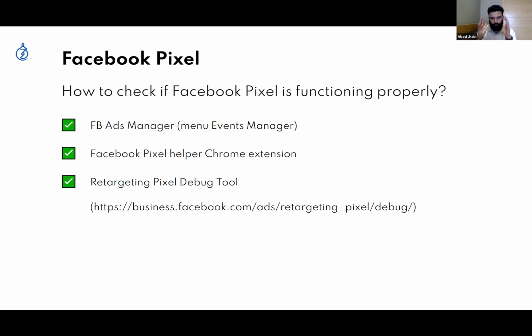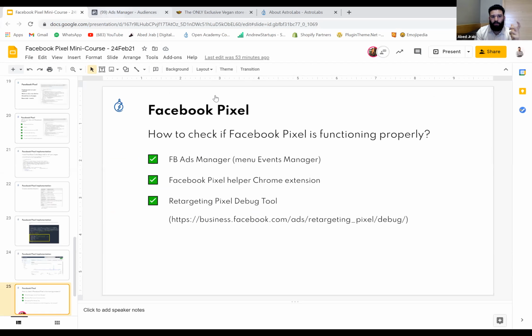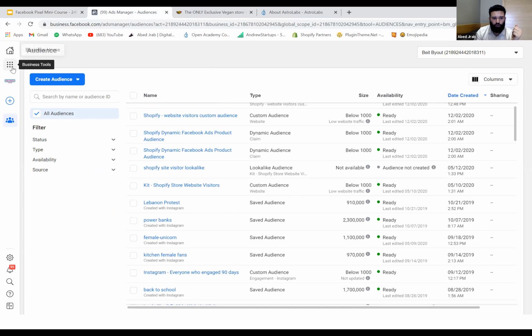Google Chrome as a browser has an extension called Facebook Pixel Helper, which you can install in your browser. With the help of that extension, you'll be able to see the different events that are logged on your website. So speaking of that, let me show you these final two things.